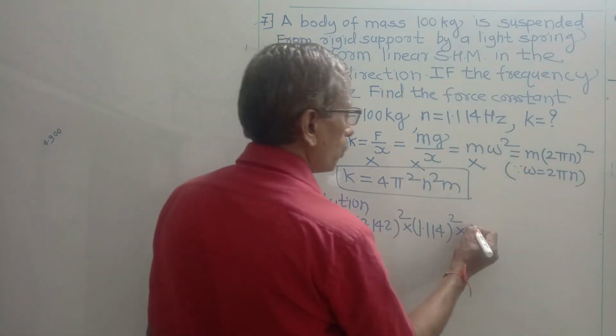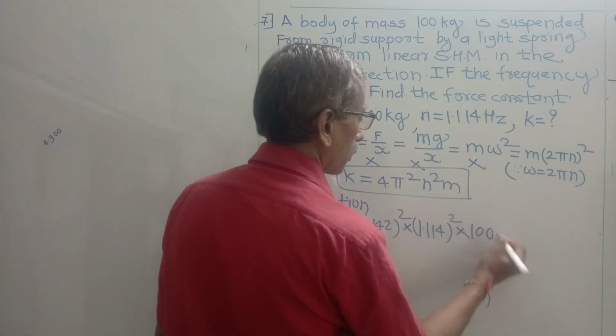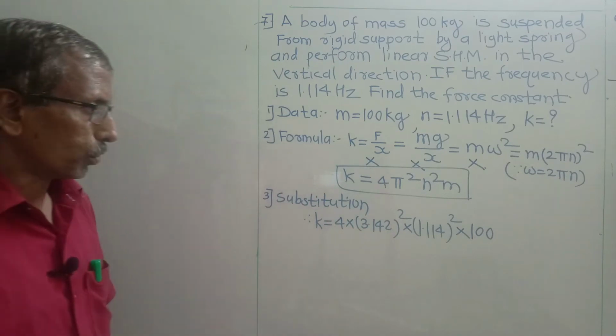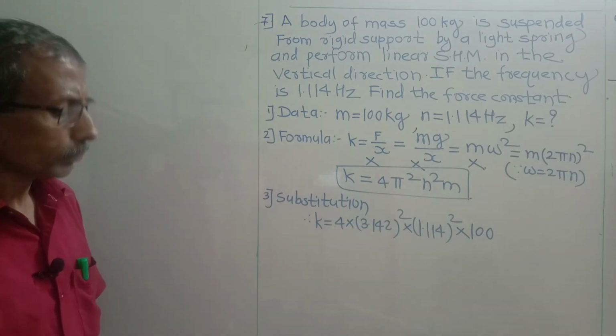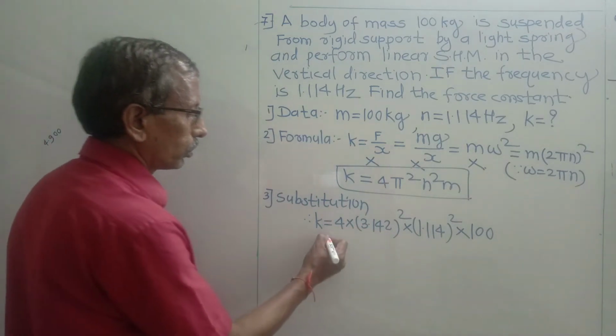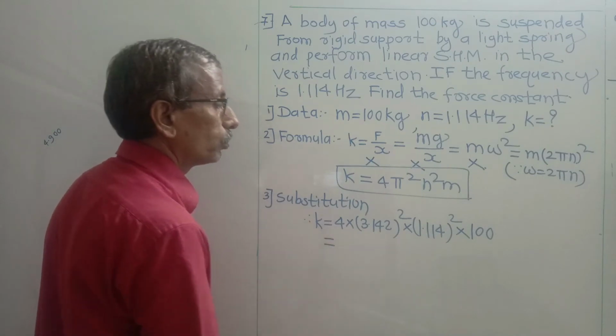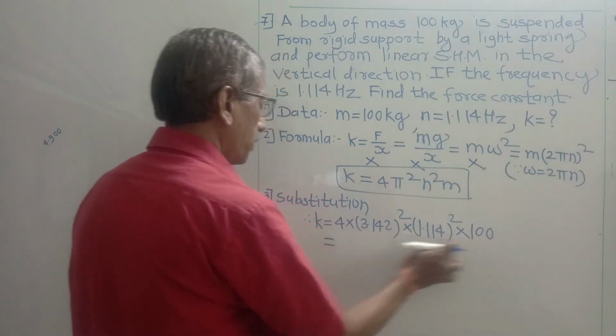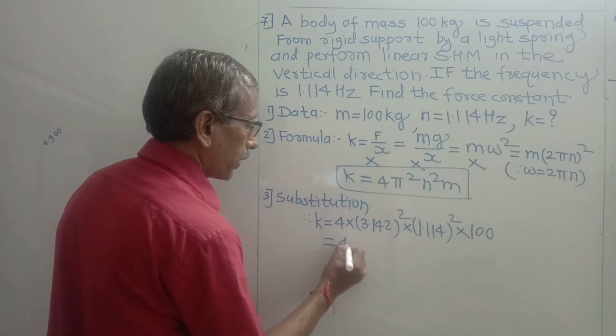M is equal to 100. So this is equal to 100 into 4, 400.